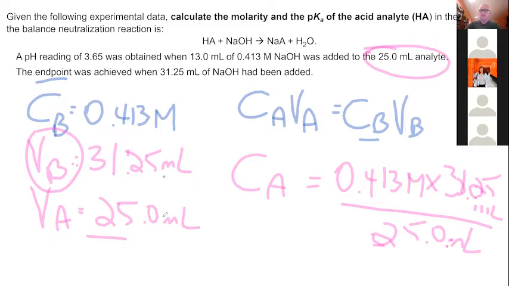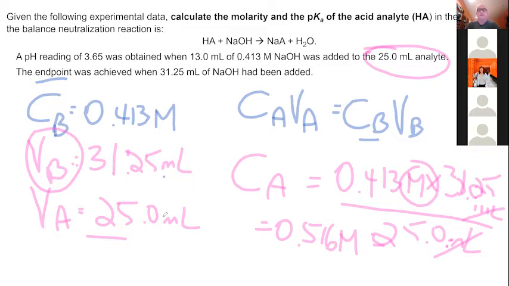So you can see that the mils cancel out. And the unit we're left with is molar. So that's what we want. We're left with a unit of molarity. That's what we get: 0.516 molar. There you go.